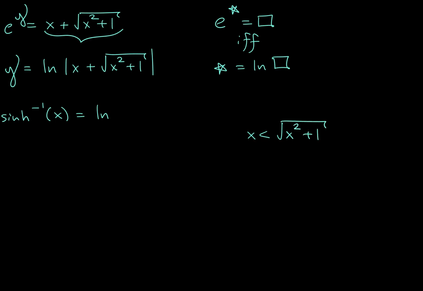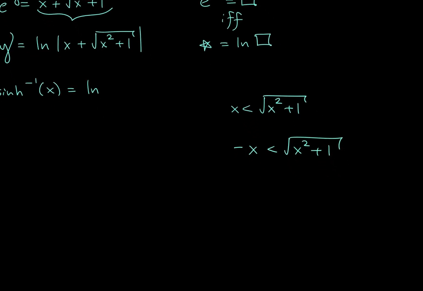But that means adding x to both sides? No. Because I want to make sure that this thing is always positive in here. This is always true, no matter what. So I also have this. Negative x is less than square root of x squared plus 1. Both of these are simultaneously true.